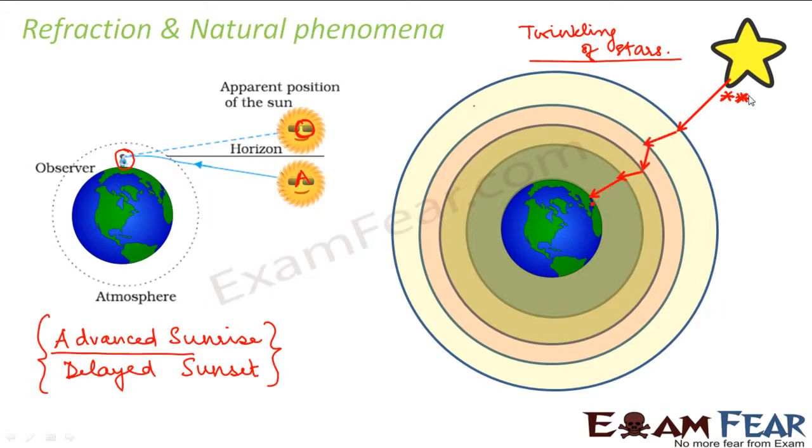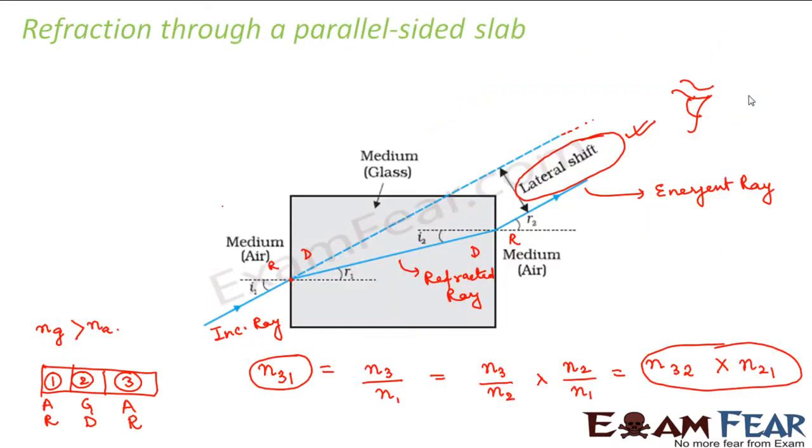For example, if you look at this example, the ray which reaches our eye is this ray, right? That is the emergent ray. So when we view some object, we will view it along this line. We will not view it along this incident ray. We will not say that the incident ray is coming from here, because the ray which reaches our eye, we will see straight along that path.